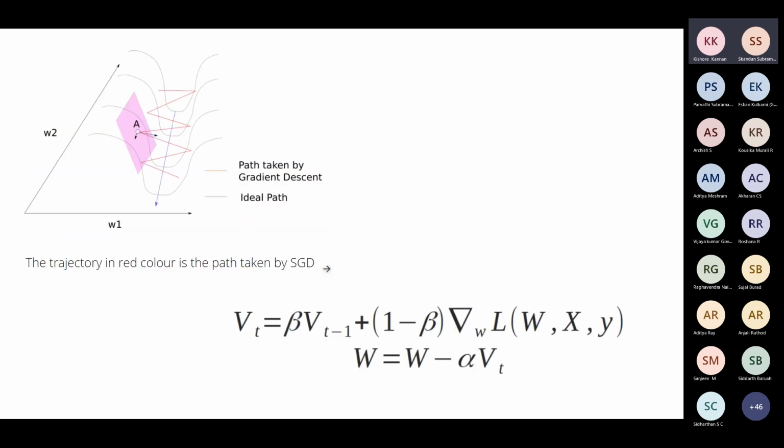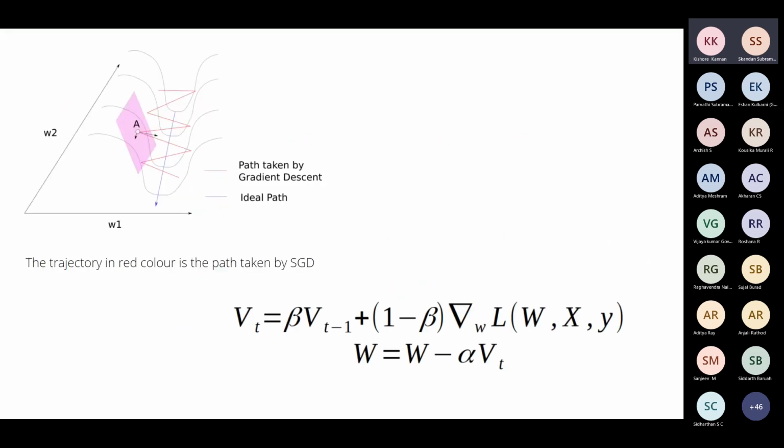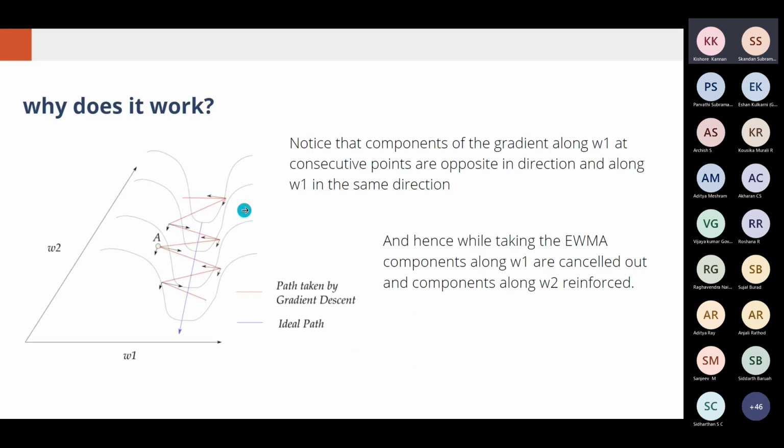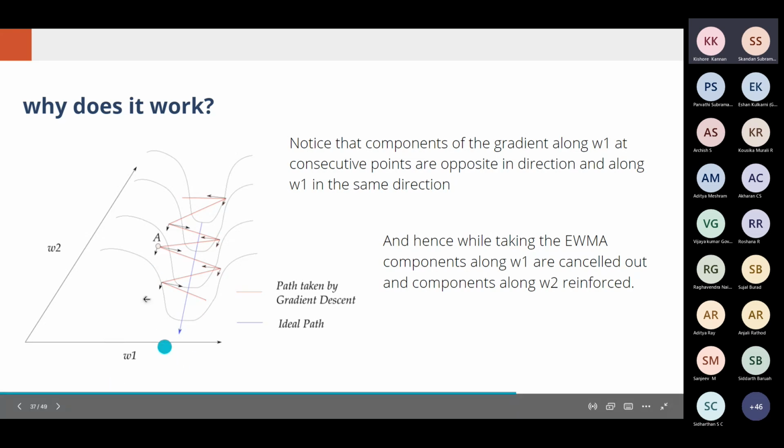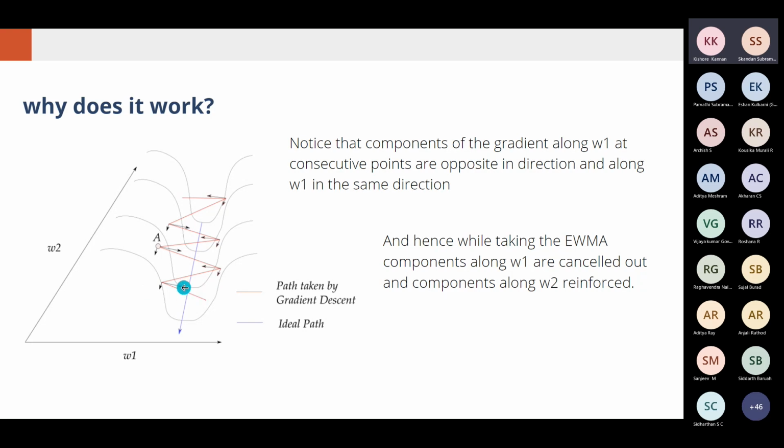So if we sum up the components of the gradient along W1 using the exponentially weighted moving average formula, we can see that these vectors are pointing opposite to each other. So they're going to have some cancellation effect, which will reduce the velocity in the direction of W1.